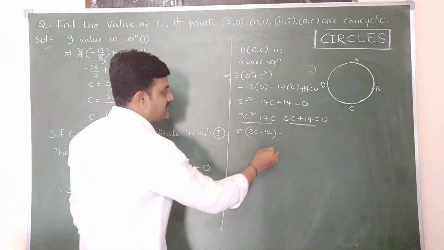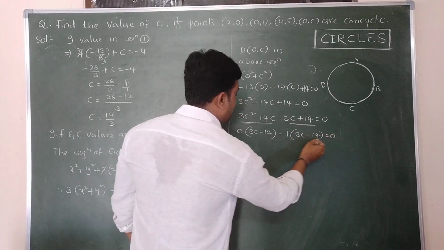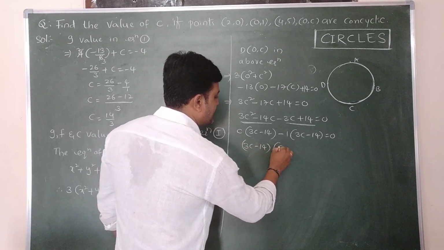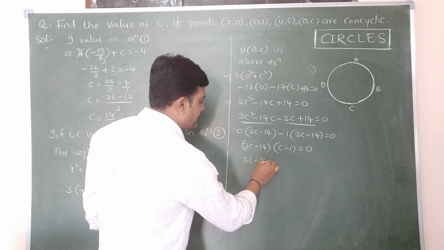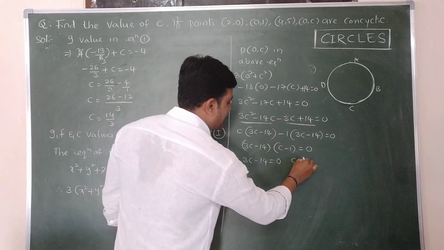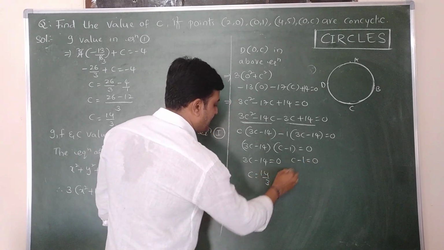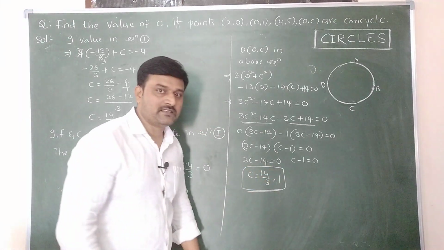From the second two, 1 common: 3c minus 14 equals to 0 again. 3c minus 14 common: 3c minus 14 and c minus 1 equals to 0. That gives two factors: 3c minus 14 equals 0, c minus 1 equals 0. Then c equals 14 by 3 and 1. Now these are the c values.